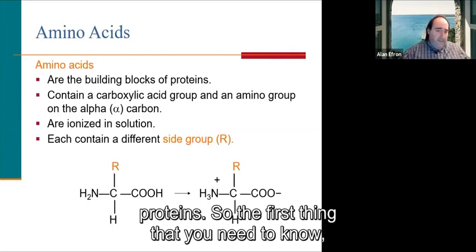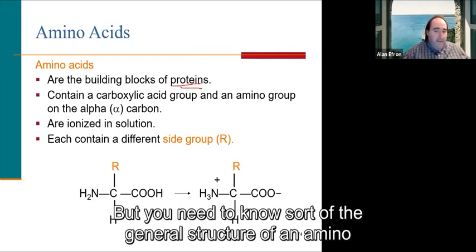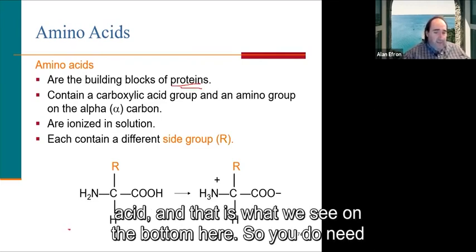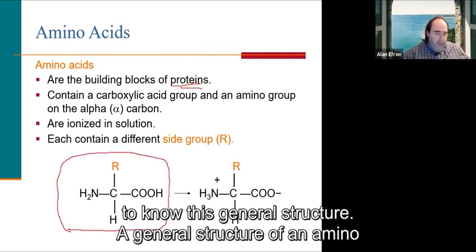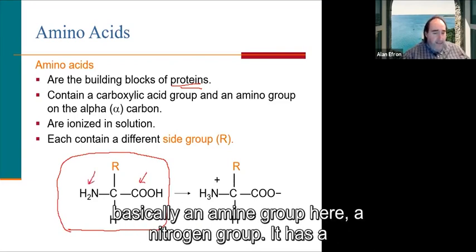So the first thing that you need to know, obviously, is amino acids are the building blocks of proteins, but you need to know the general structure of an amino acid, and that is what we see on the bottom here. You do need to know this general structure. A general structure of an amino acid is a carbon. It has a carboxylic acid group. It has an amine group here, a nitrogen group.